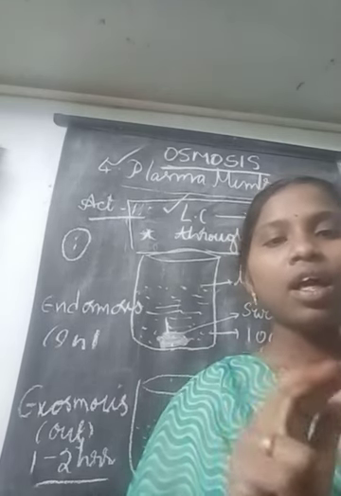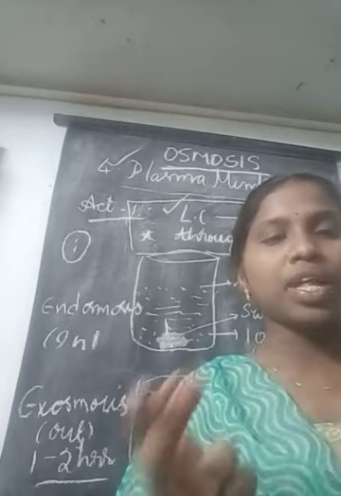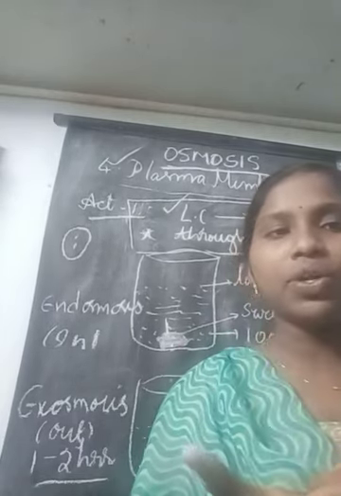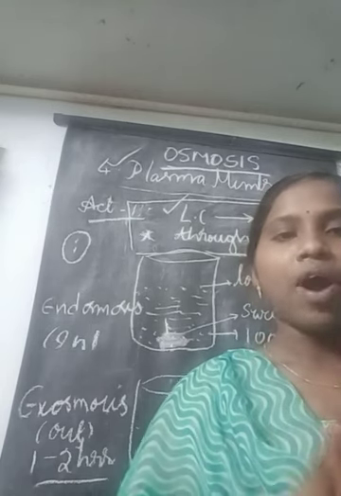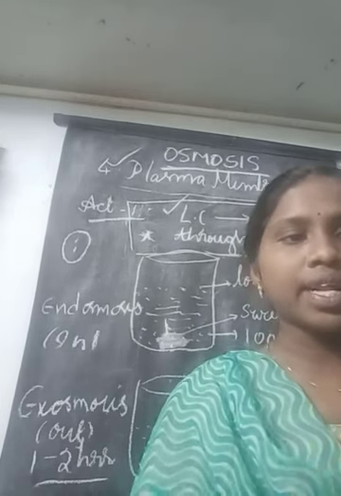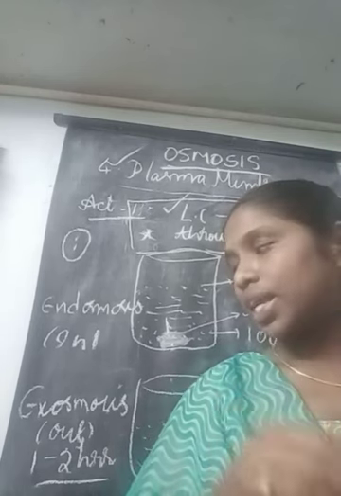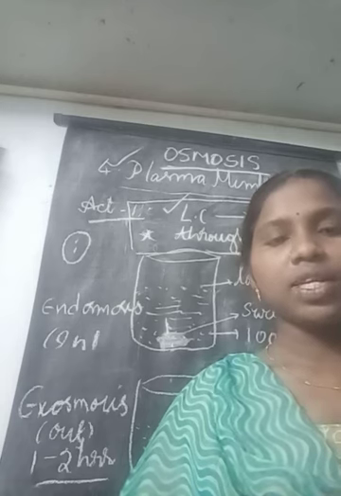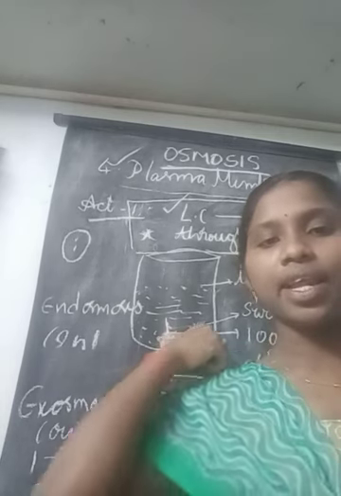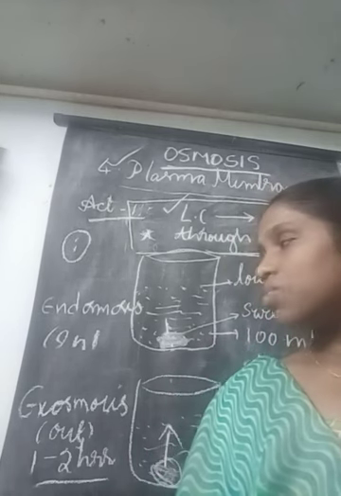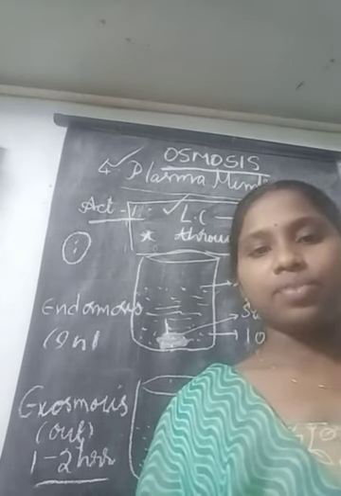There is no place for the solute to dissolve in the solvent. When it is unable to dissolve, what will happen? It will settle at the bottom of the beaker. So that is nothing but a saturated solution. Is it clear? So for today this is enough. In the next class we will continue with the next concept.